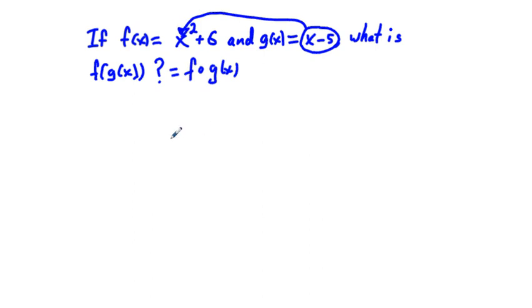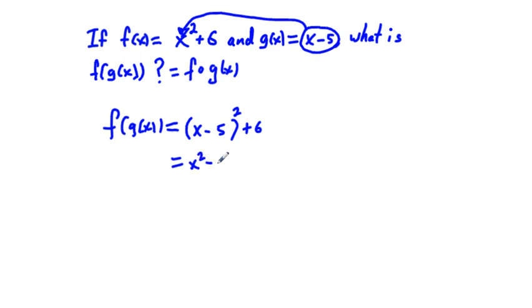Let's go see what that is. f of g of x is going to be equal to, we're going to put in the place of x, x minus 5, and we square that, and we add 6. And when we multiply all this out, we get x squared minus 10x, and negative 5 squared is going to be plus 25.